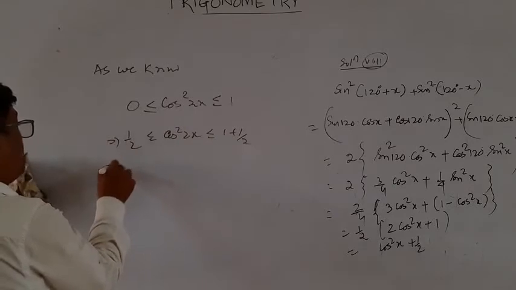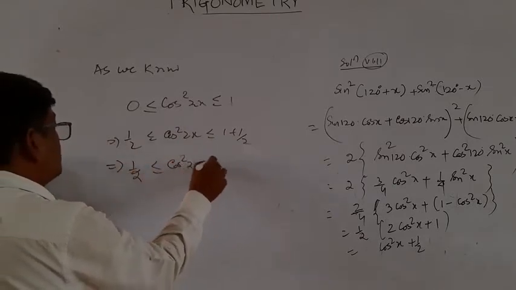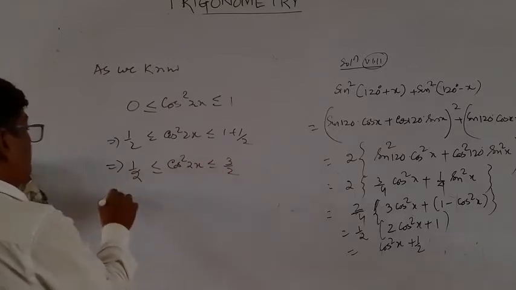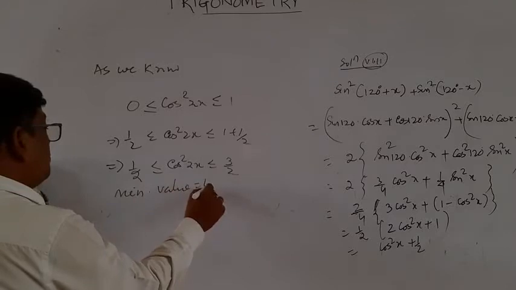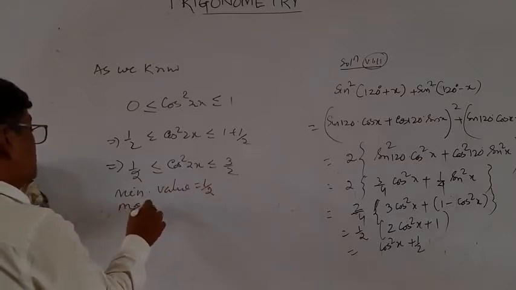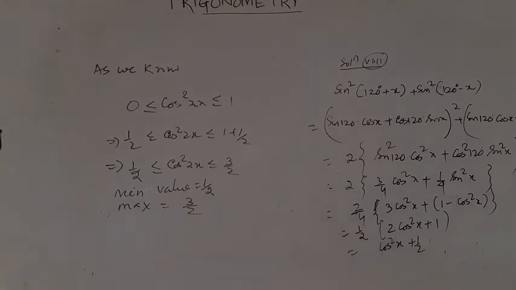That implies 1 by 2 is less than or equal to cos square 2x, which is less than or equal to 3 by 2. So minimum value is 1 by 2 and maximum value is what? Maximum value is 3 by 2. This is the answer.